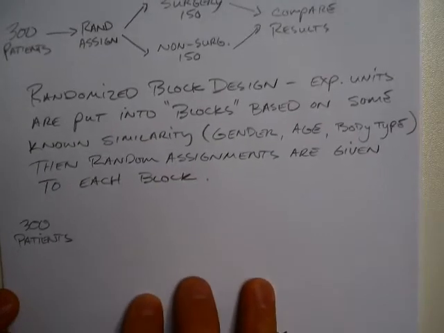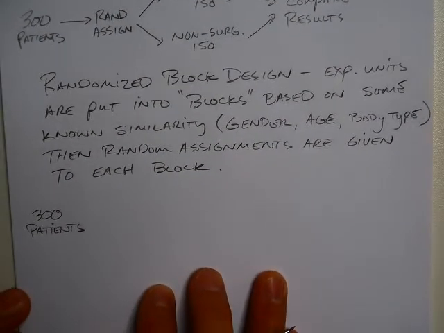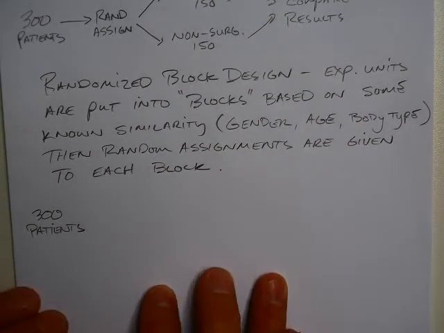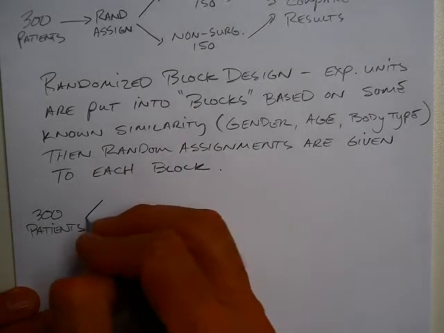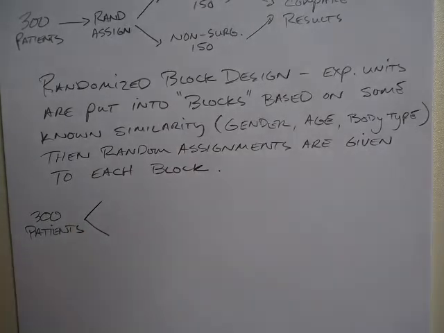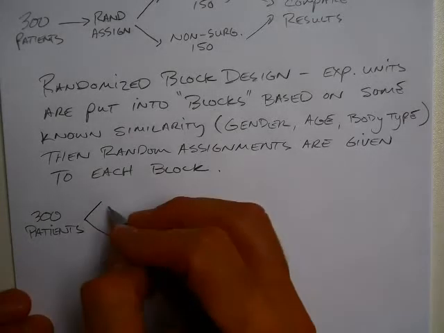I have to squeeze it over there a little bit because this one's a little bit longer. The first thing I do is separate these guys by, let's say, healthy versus less healthy. Okay, let's say we're blocking based on some health factor.